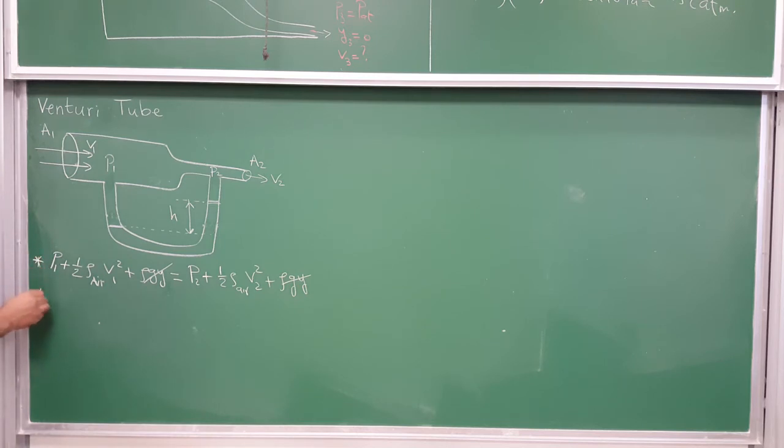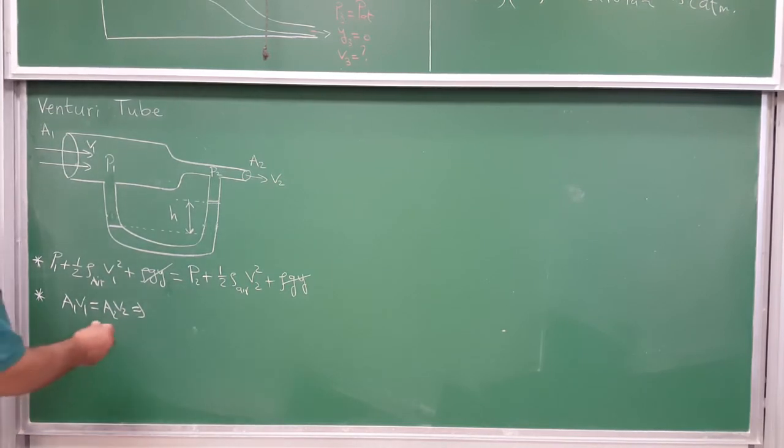The second equation we will use is A1 V1 equals A2 V2. So V2 will equal A1 over A2 times V1.